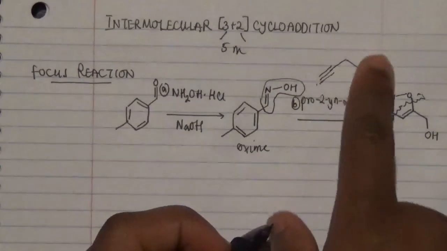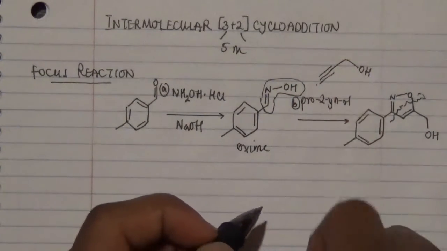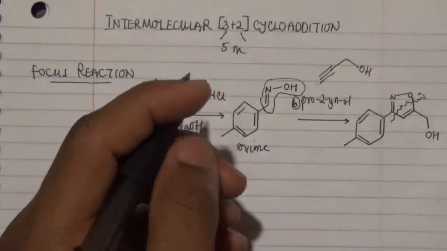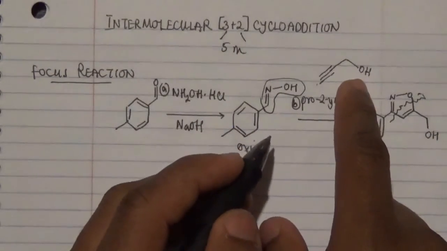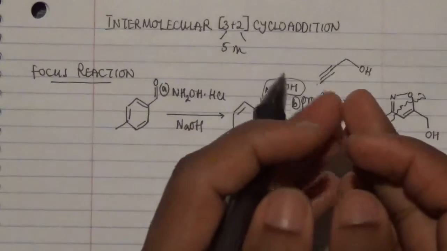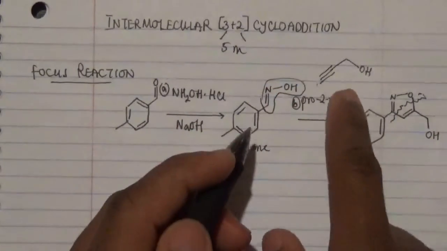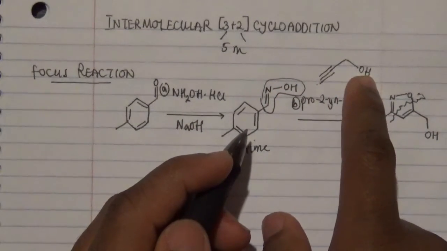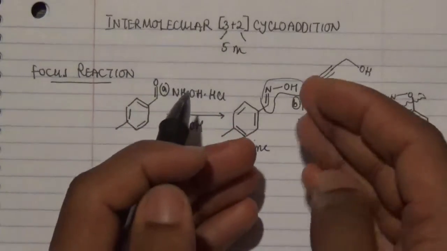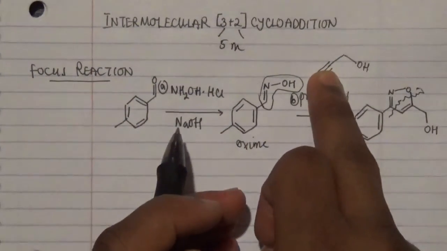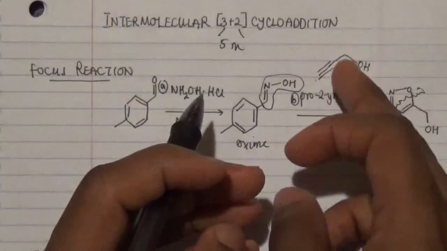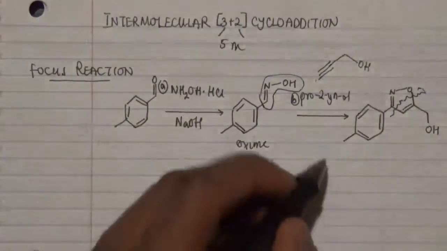And this particular species is mostly called a dipolarophile, and this dipolarophile is pretty much an electron donating group, because we have a hydroxyl group present over there that donates electrons to this particular triple bond over there. We'll talk more about this particular species in detail as we go further.